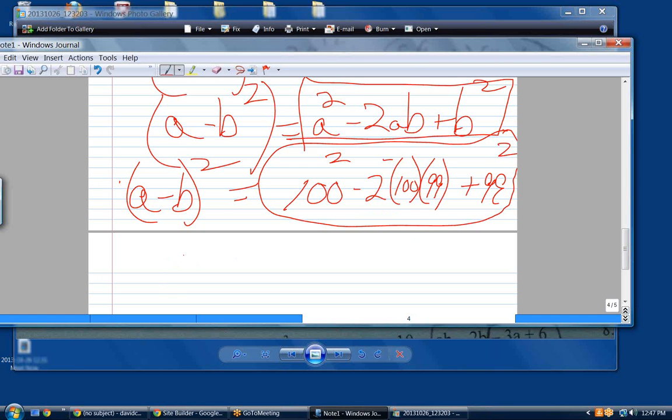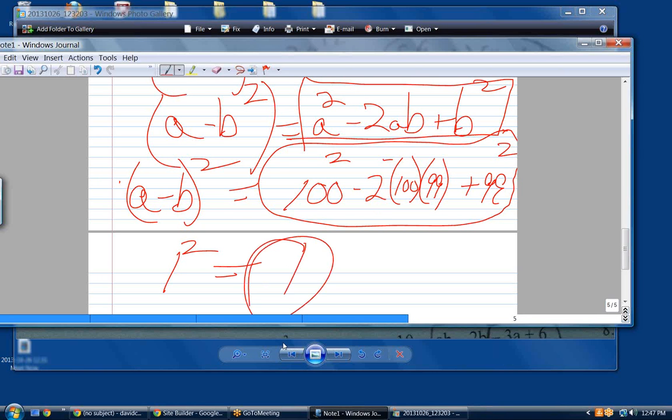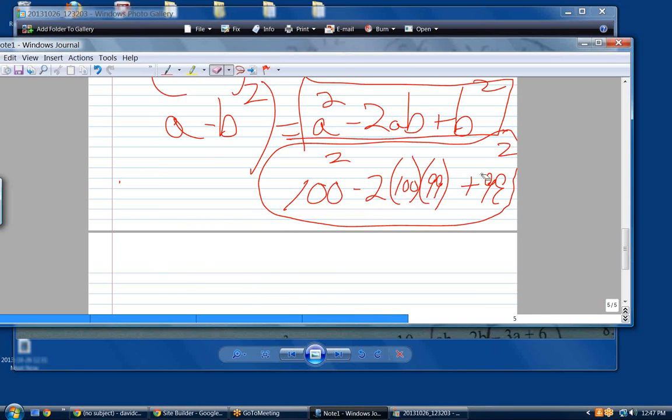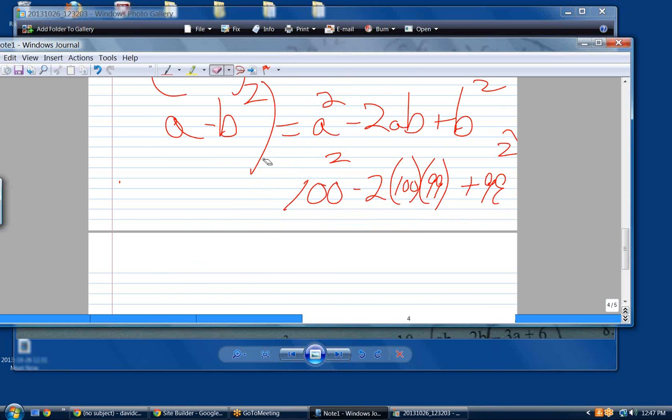So this whole quantity is equal to 1 squared, or 1. Now, that would have been tough even with a calculator to come up with this. Without a calculator, it would have been really tough. But not so if you know that a minus b squared is equal to a squared minus 2ab plus b squared.